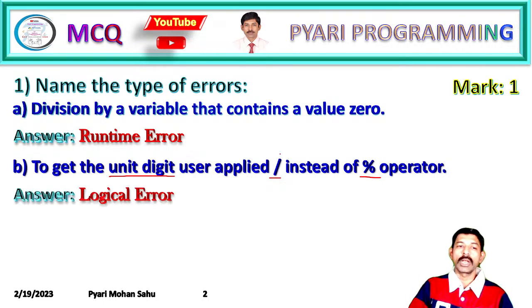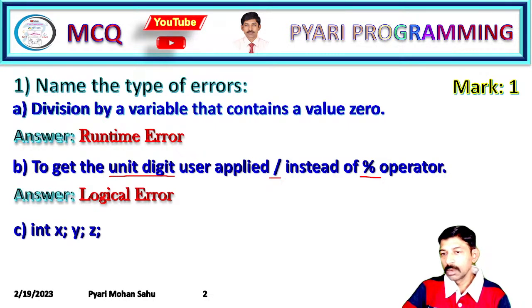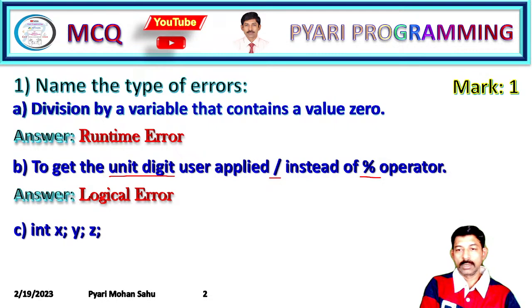Now, int x; y; z; Is there any error in the statement first of all? If yes, why?